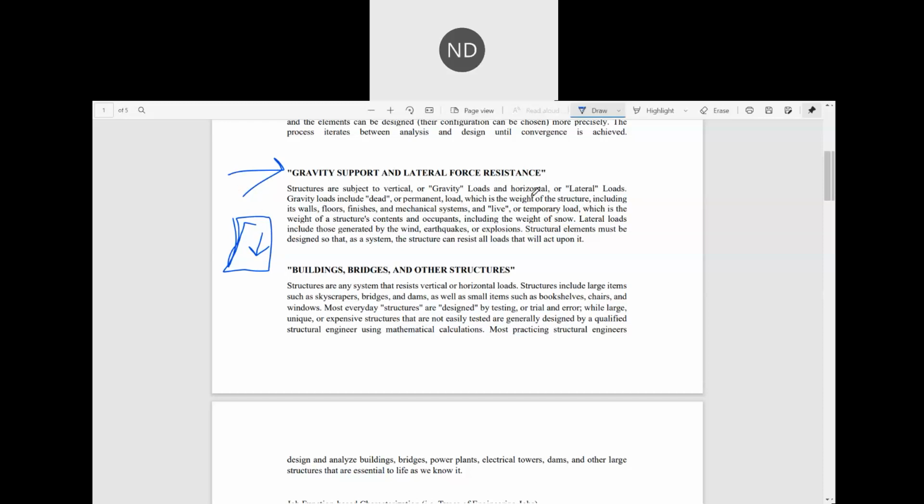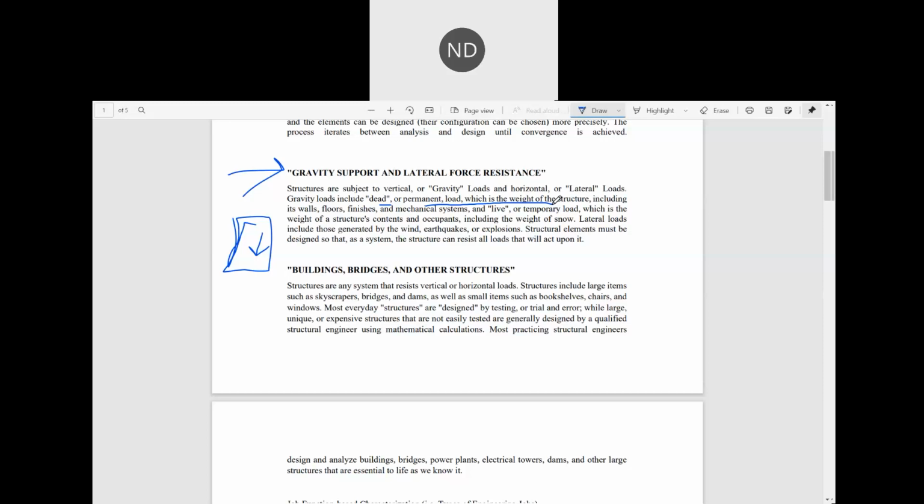Gravity loads include your dead load, or the permanent load, which is the weight of the structure, the load of the structural members itself. What will be the live load? Live loads are those loads which are changing, like the things inside your house and the persons living there.